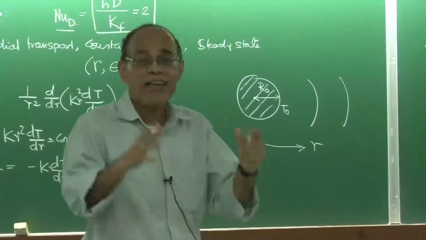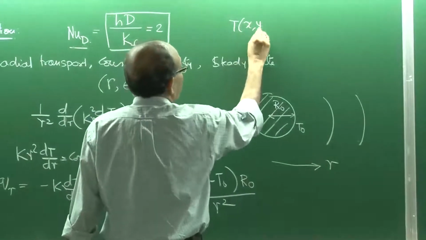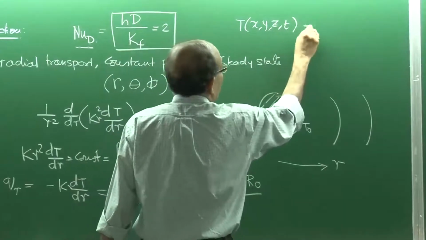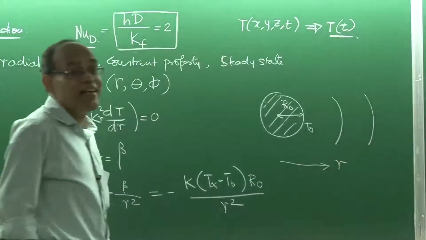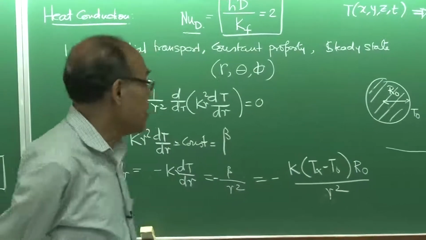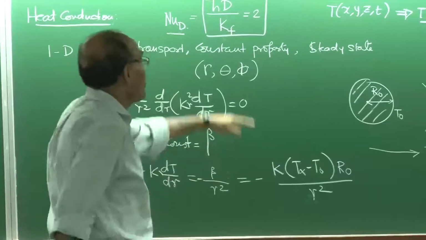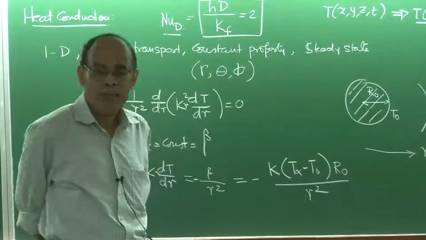In that case, the temperature, which initially used to be a function of x, y, z and t, now becomes a function of t alone. And we say that now the lumped parameter model can be applied. In other cases, there are spatial variations: from point to point there is a flux variation, from point to point there is a temperature variation.